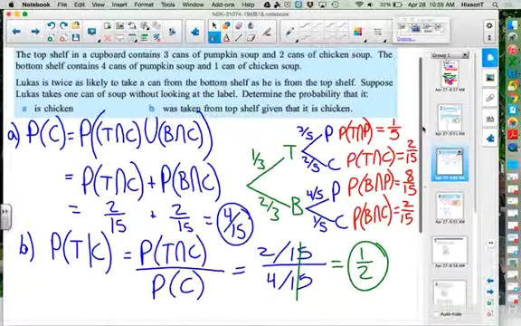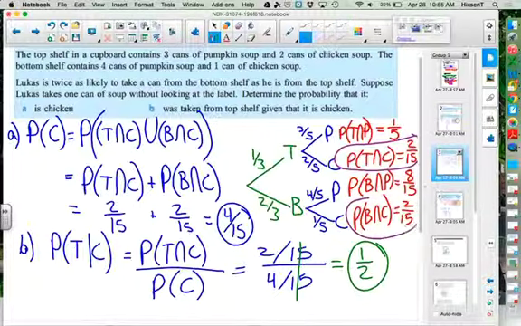When we're finding the probability of T given C, the given C part is limiting us to look at just these two parts of the whole situation. And then as you look at those two parts, what's the probability that it came from this branch?